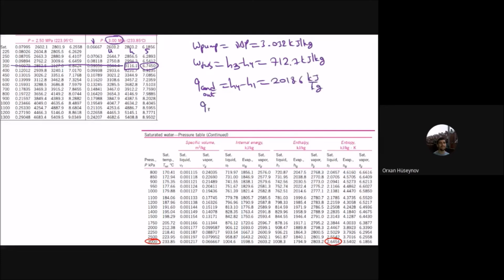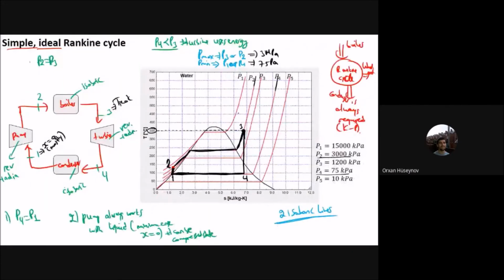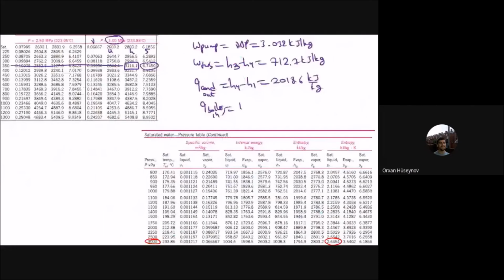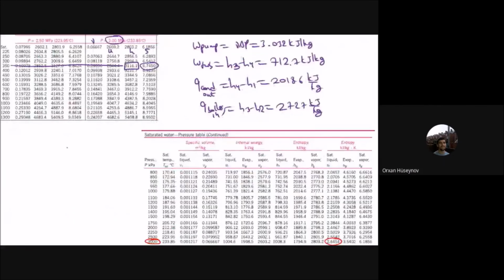And then Q boiler in, heat transfer, will be H3 minus H2, so that you will have the Q in value equal to 2727 kilojoules per kilogram. These are the heat transfer values.